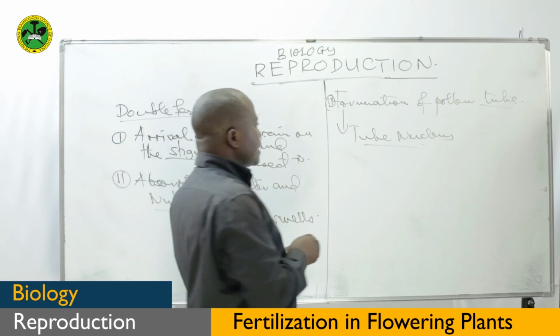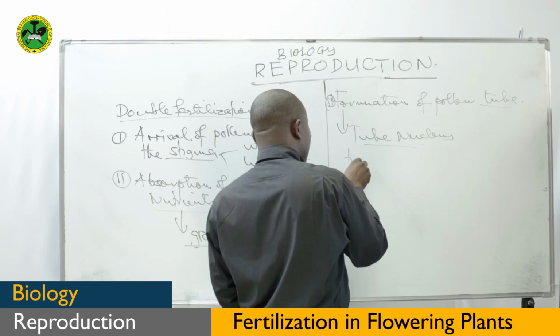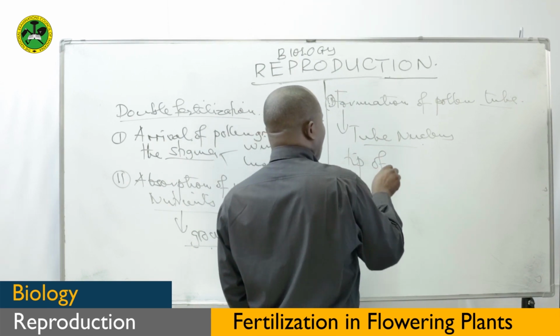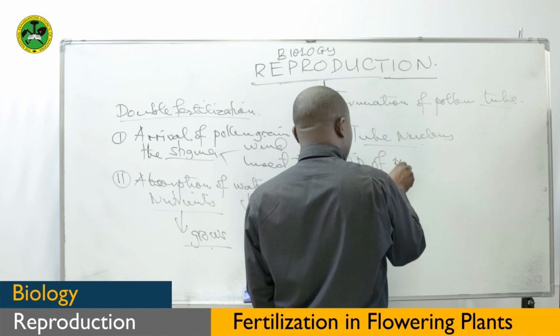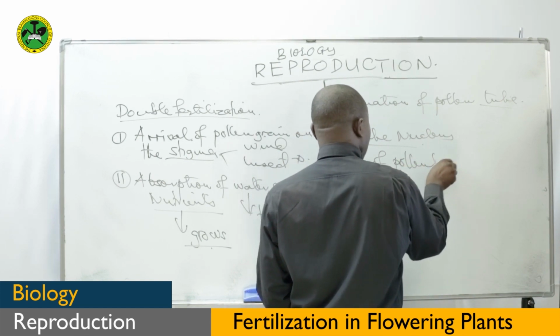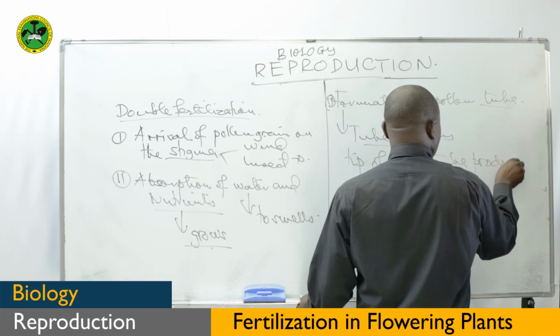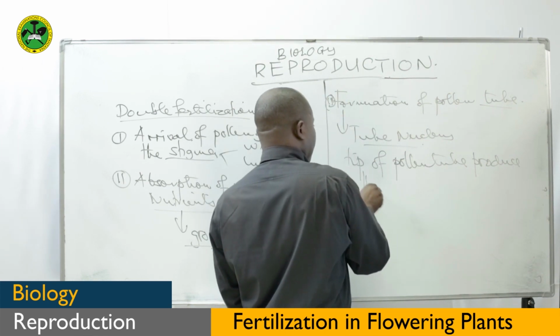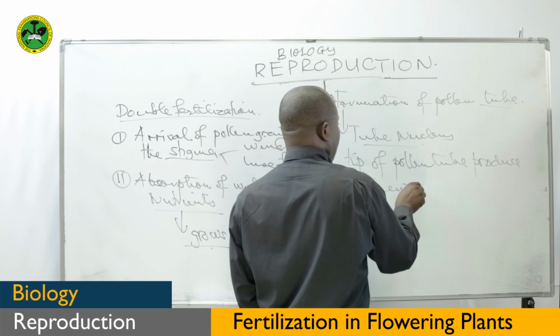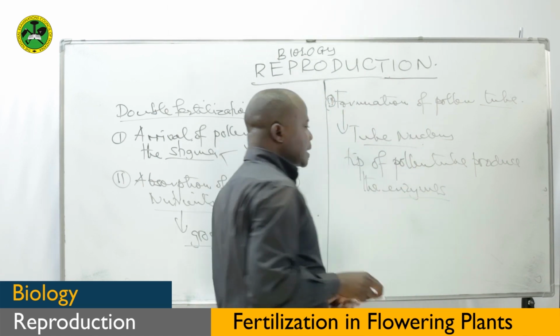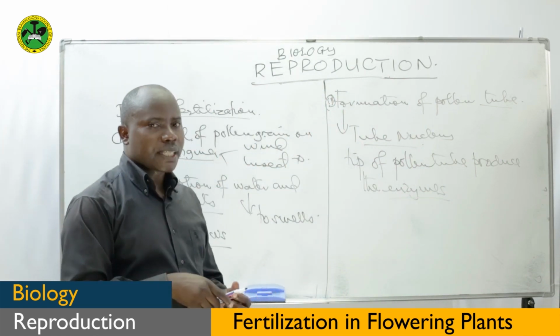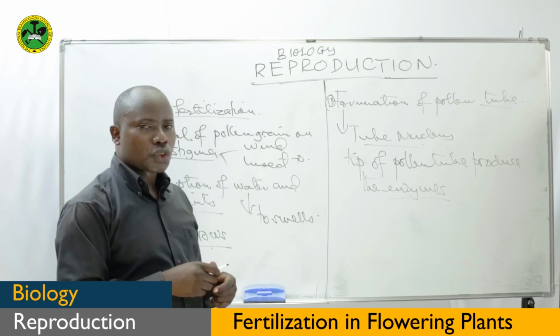And then the tip of the pollen tube produces the enzymes that digest the path through the style for the pollen tube to grow.